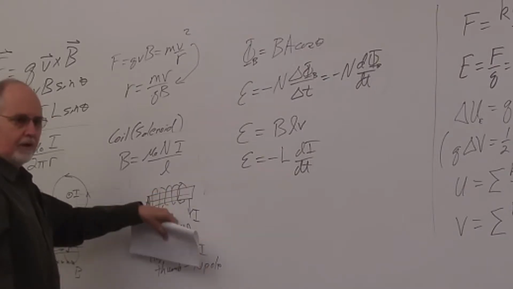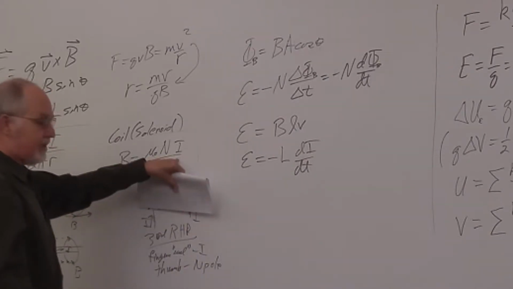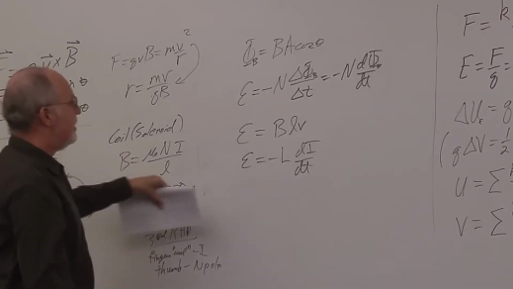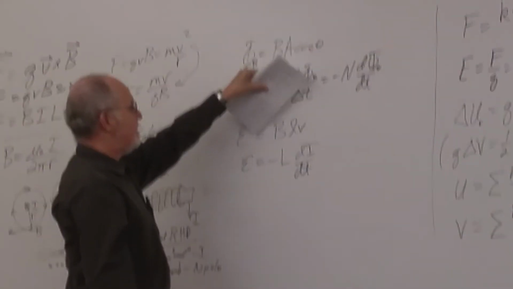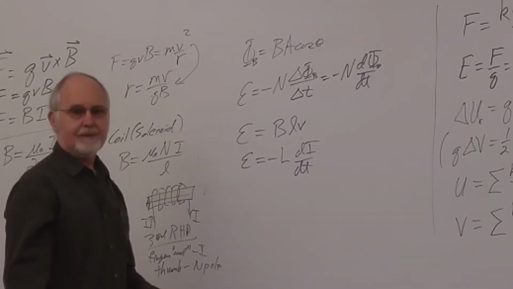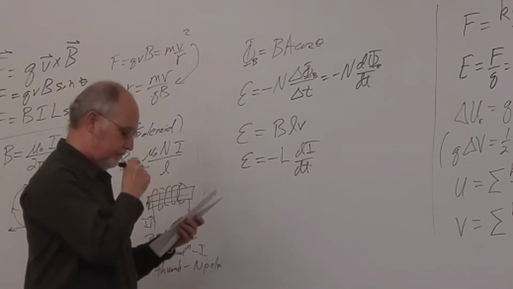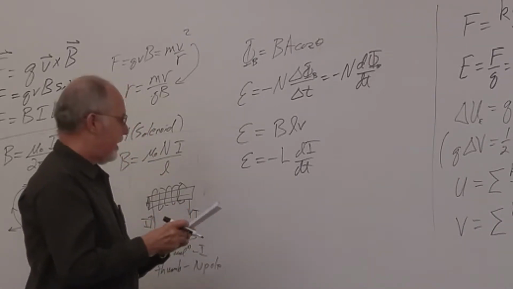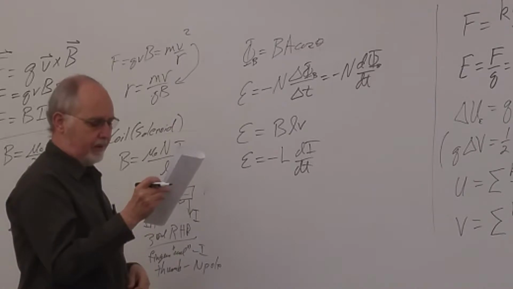So if you've got current going through a coil, but it's not constant, the current is changing, the magnetic field is changing, and if the magnetic field is changing, flux is changing, and so you get this induced voltage at that point. So those are all the various induced voltage formulas that we had.